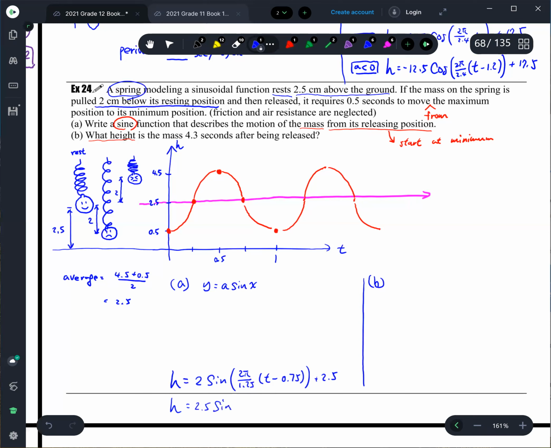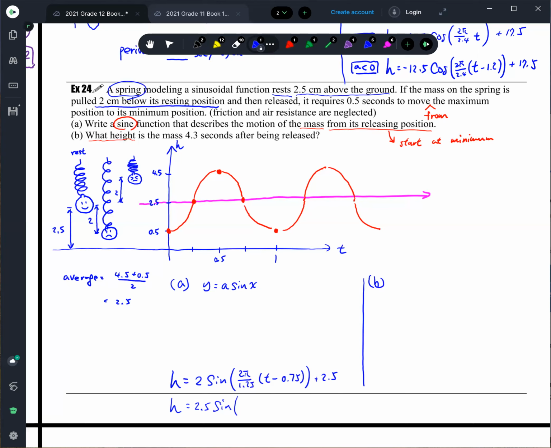And then sine. How about the other one? C is supposed to be 0.25.